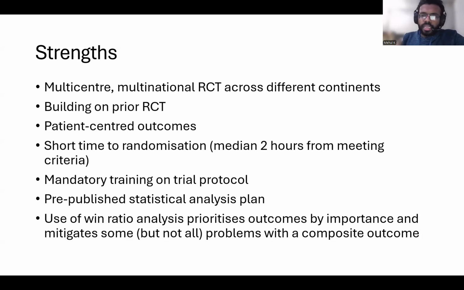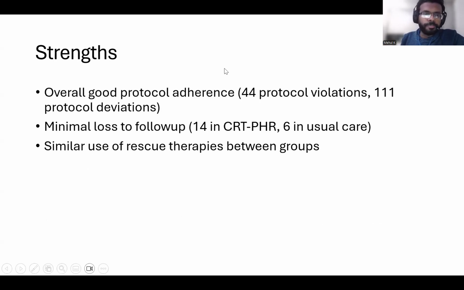And win ratio, again, there are pluses and minuses, but it is definitely an improvement on the usual composite outcomes that we see. Overall, the protocol adherence was good, with not many protocol violations considering how complex the protocol actually is. Loss to follow-up was also very low in both groups.